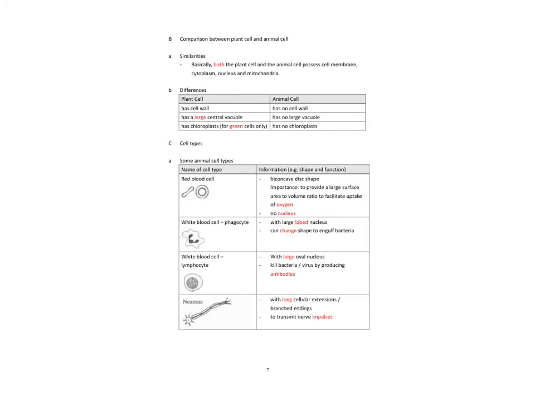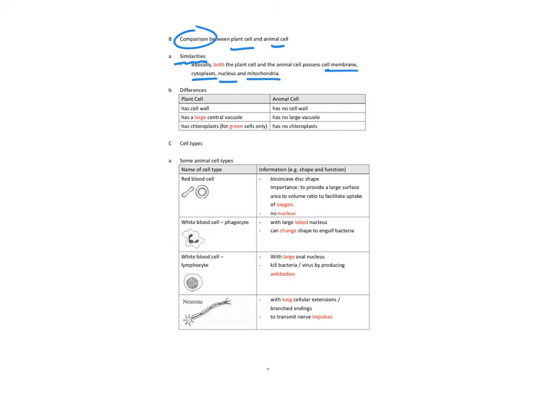Now we come to a comparison between plant cell and animal cell. There are some similarities. Both of them generally have cell membrane, cytoplasm, nucleus, and mitochondria.